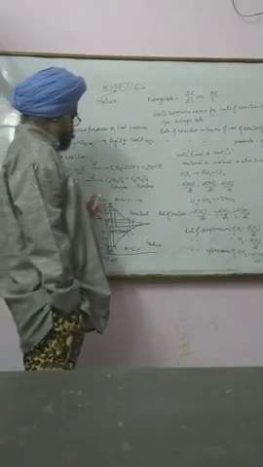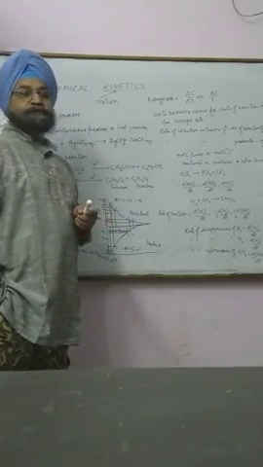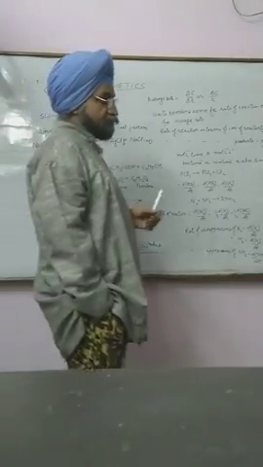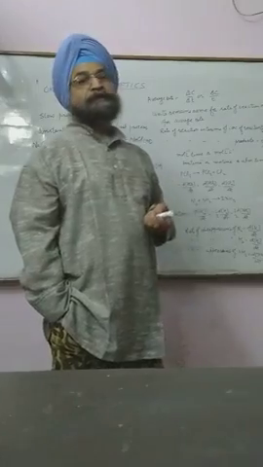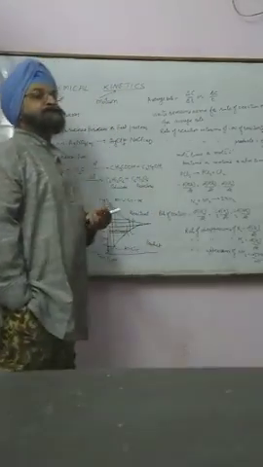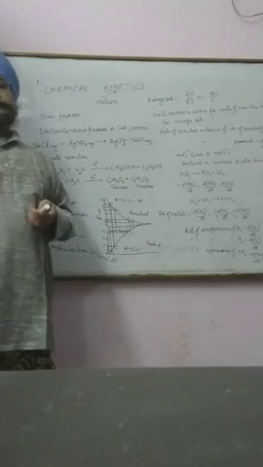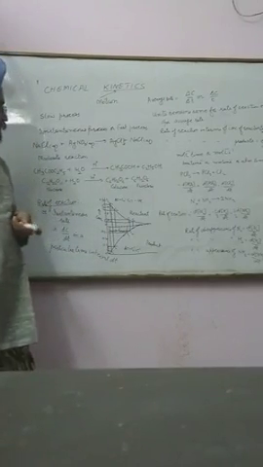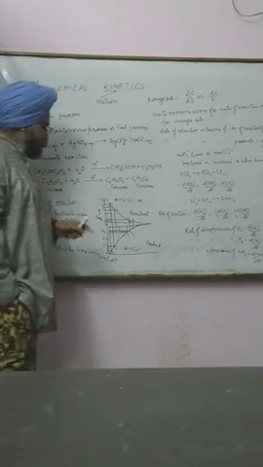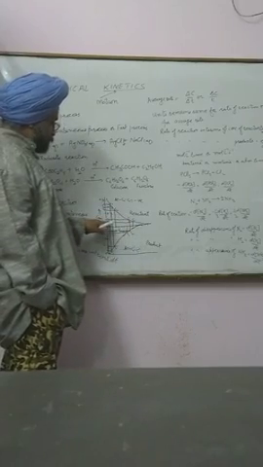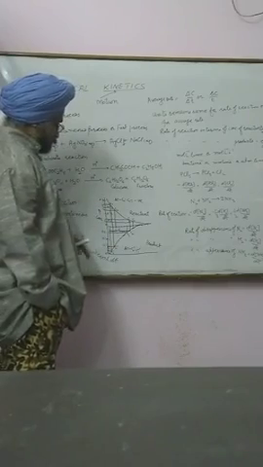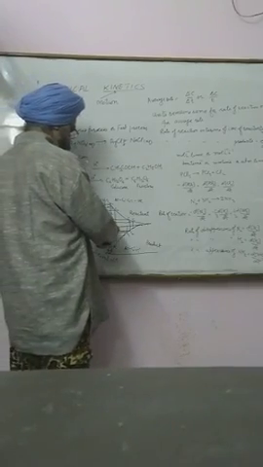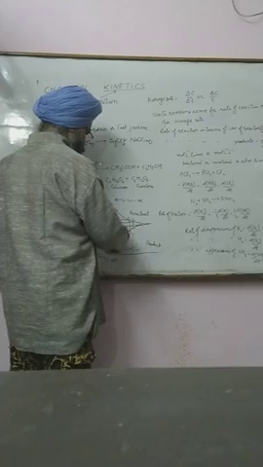Everybody knows that when the process proceeds, the concentration of reactant decreases and the concentration of product increases. If we burn the coal, the quantity of coal decreases and the quantity of CO2 increases. Now here I plot two graphs on the same graph paper. Here is time.